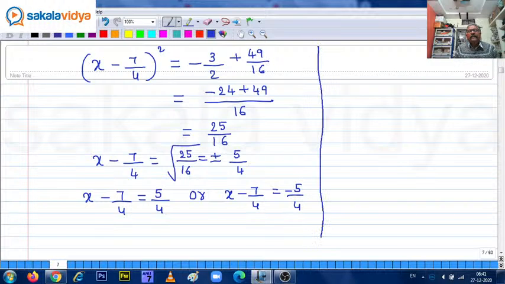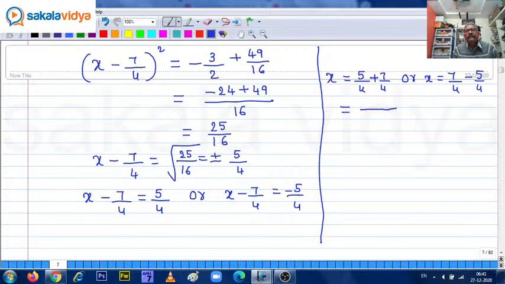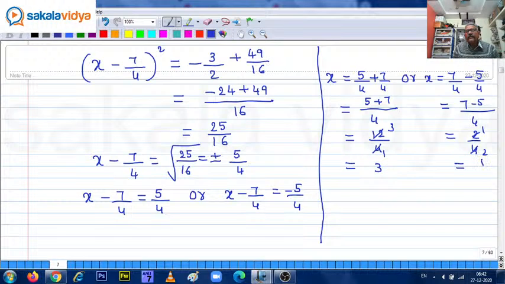So now we need to solve it. x equals 5 by 4 plus 7 by 4, or x equals 7 by 4 minus 5 by 4. Here 4 is the LCM. We get 5 plus 7 and 7 minus 5. This will be 12 by 4 and 2 by 4. So this equals 3, and this equals 1 upon 2.